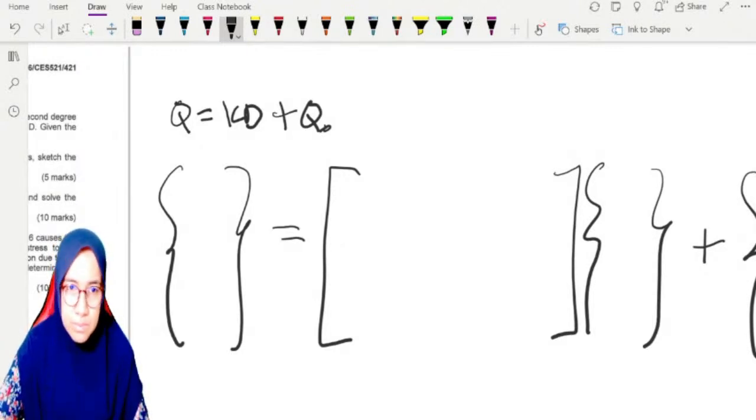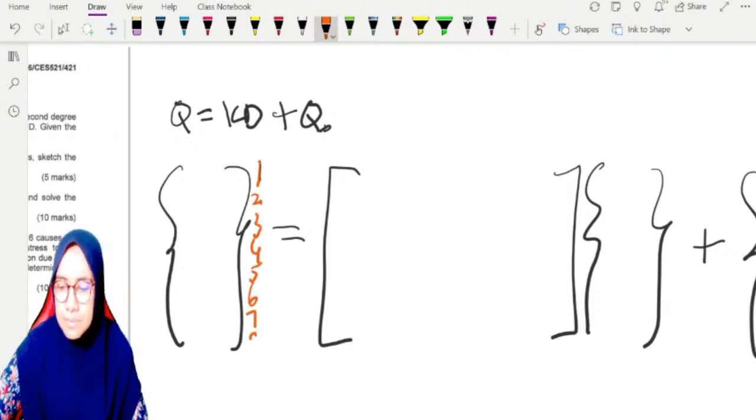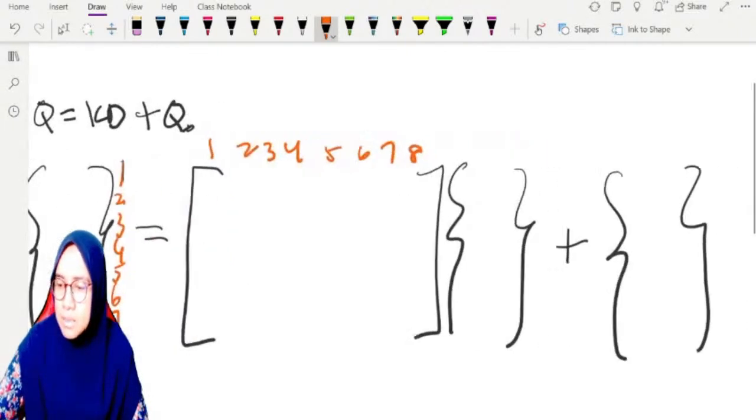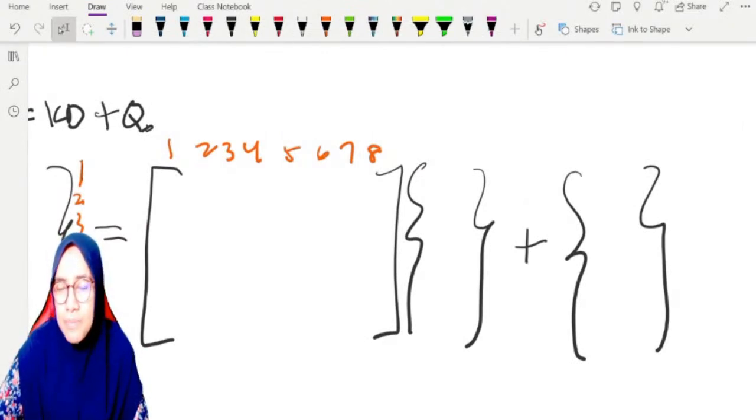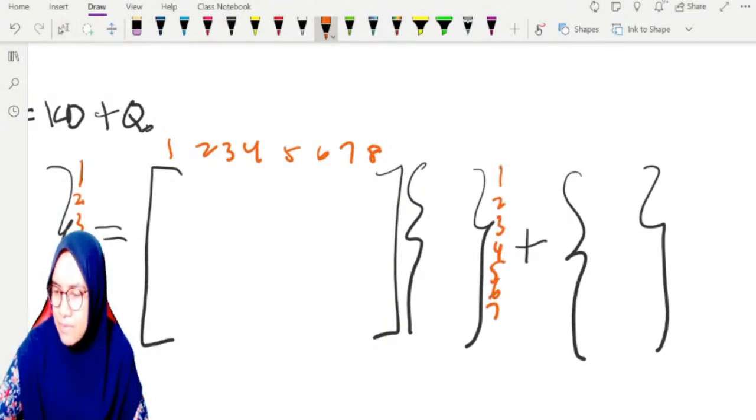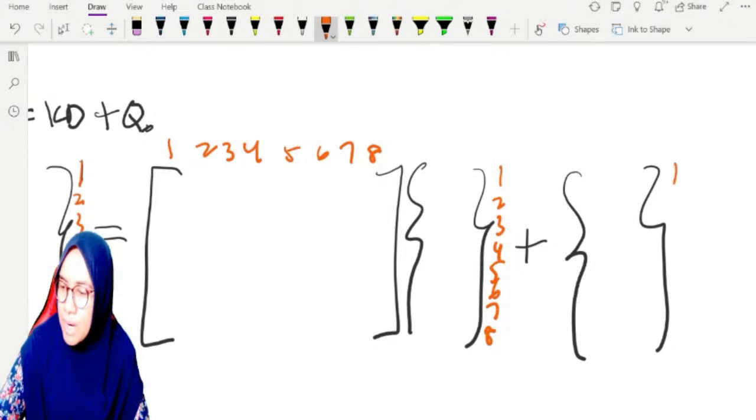There are 8 degrees of freedom, so Q will have 8 entries, from position 1 until 8. K is 8 by 8, the displacement also has 8 values, and Q naught also has 8 values.